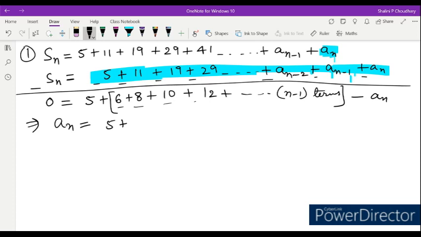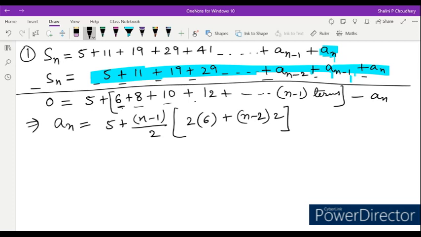The sum of n terms is n upon 2, so here n minus 1 terms are there, so n minus 1 upon 2, into 2a, where a is the first term, that is 6, plus n minus 2 into d. What is the difference? The difference is 2, we'll write here.